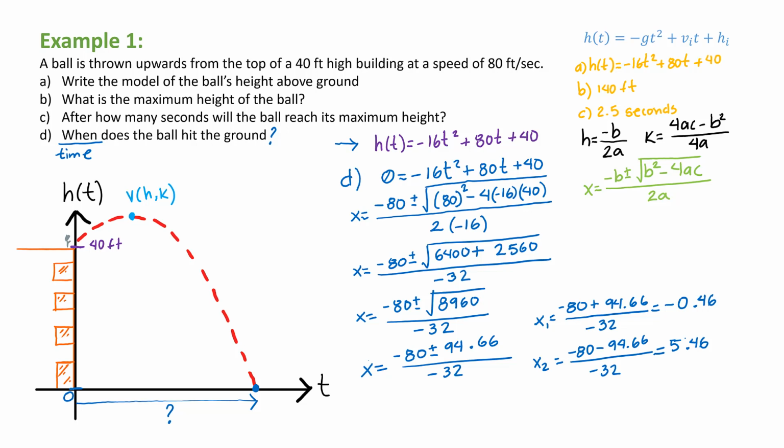Okay, so the question is asking us for time. One answer is positive and the other one is negative. We can't have a negative time, so the positive answer is the correct one, 5.46.